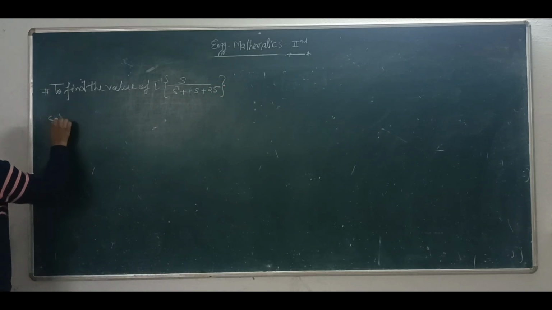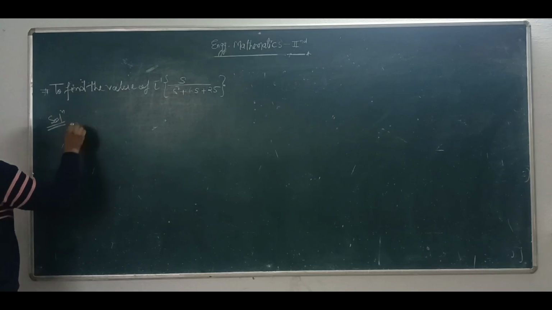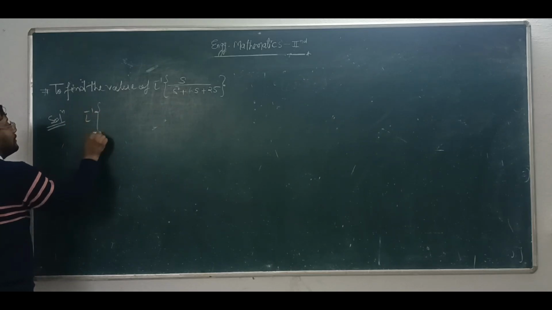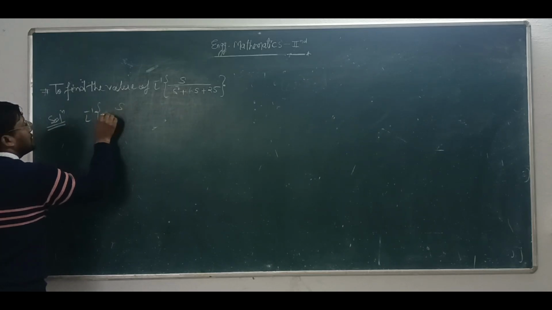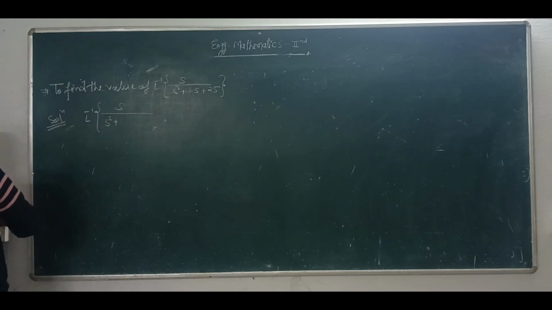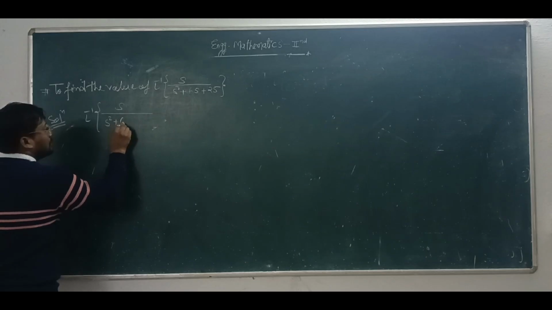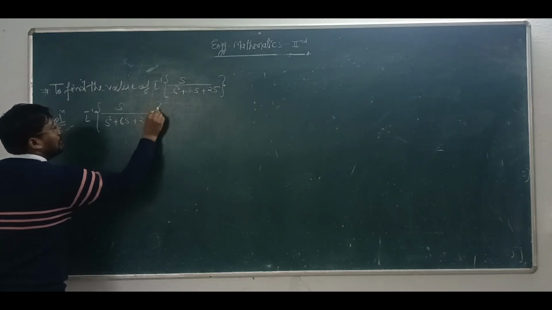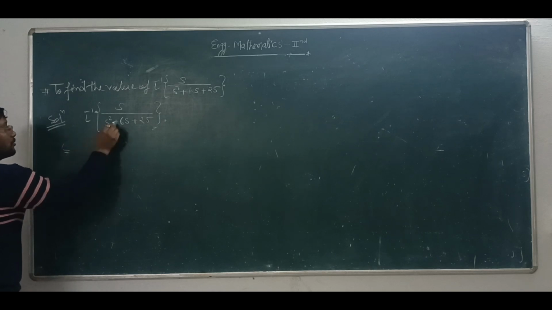Solution of this inverse function: L inverse of s upon (s square plus 6s plus 25). First, you write this function.